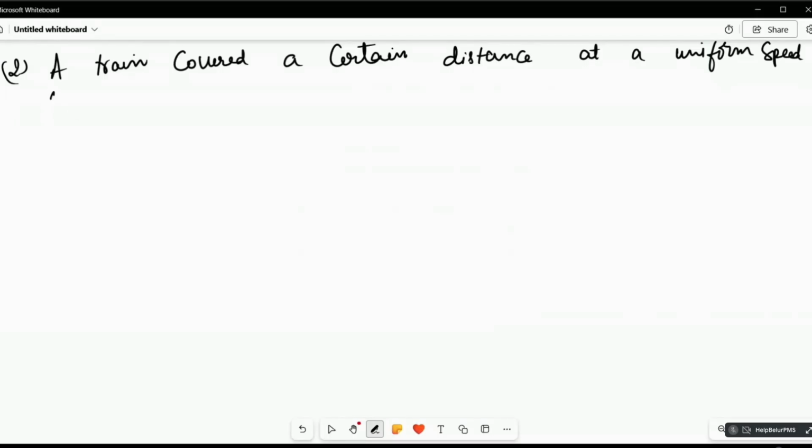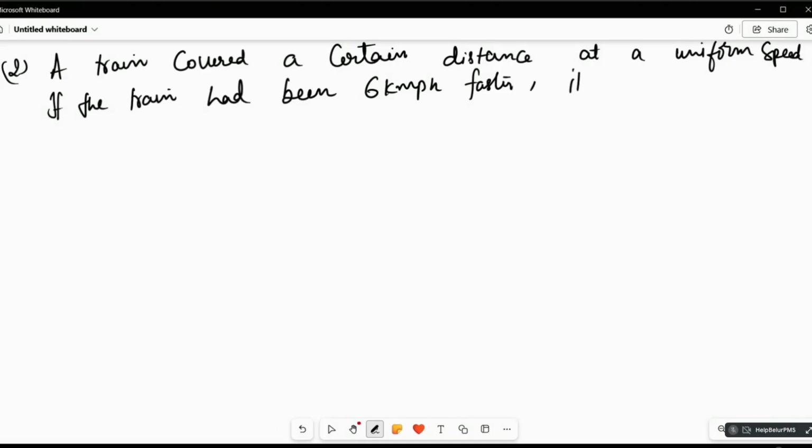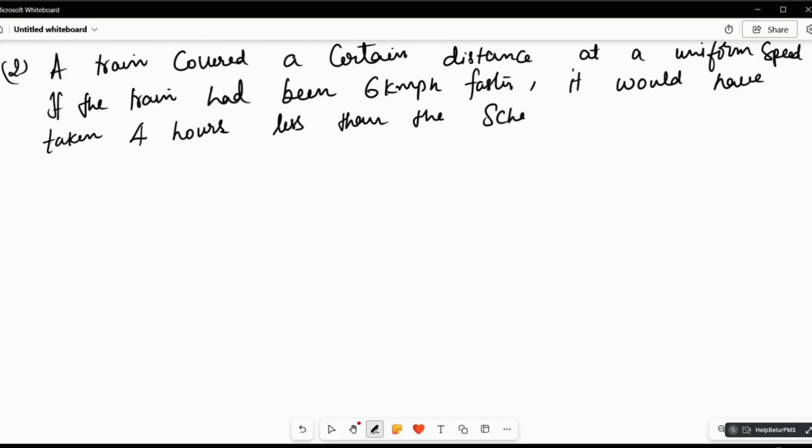If the train had been 6 kilometers per hour faster, it would have taken 4 hours less than the scheduled time.